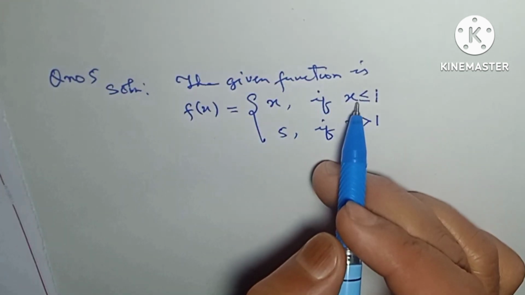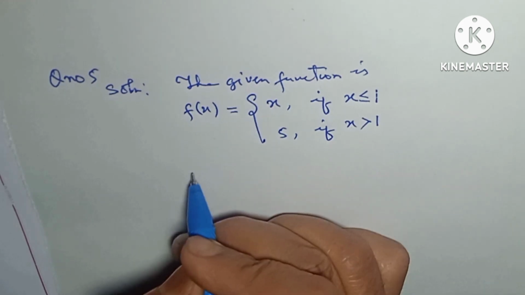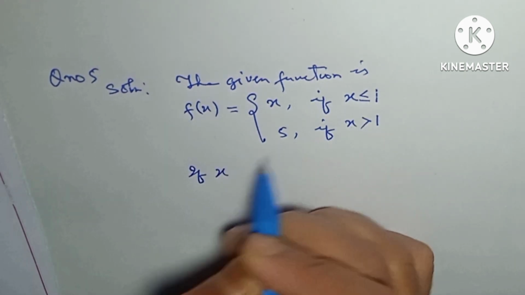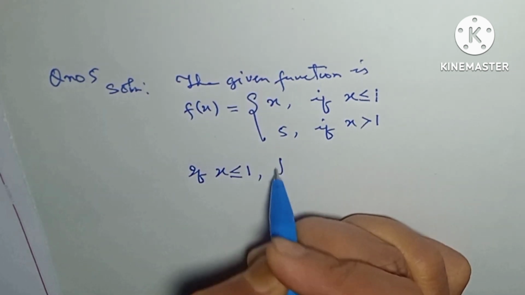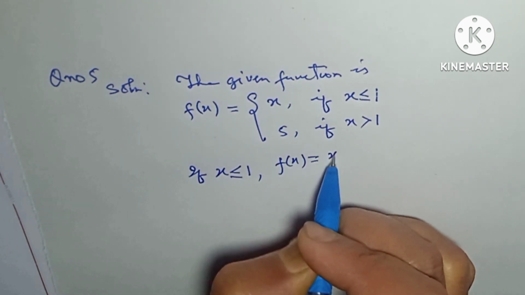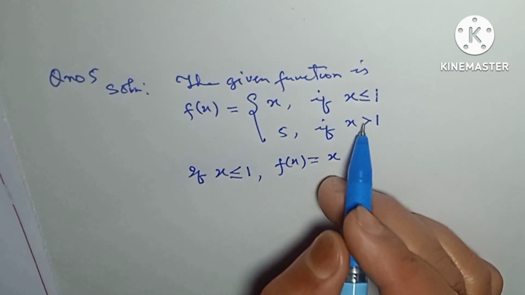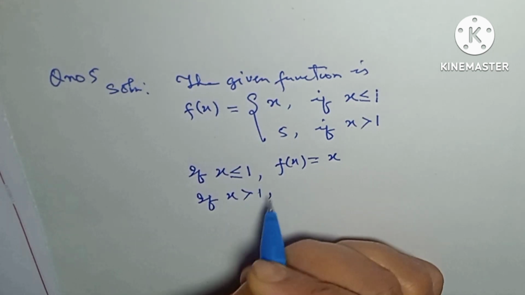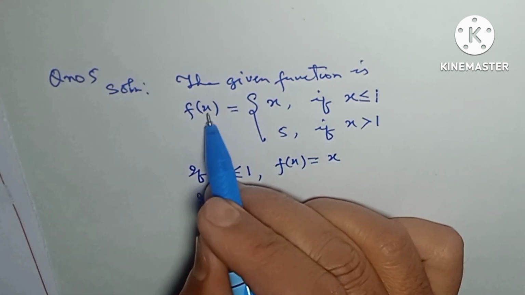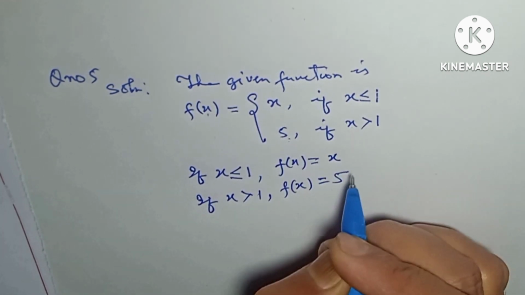From this equation, we know that the function is different for different domains. If x is less than or equal to 1, the function f of x is equal to x. If x is greater than 1, the function f of x is equal to 5.